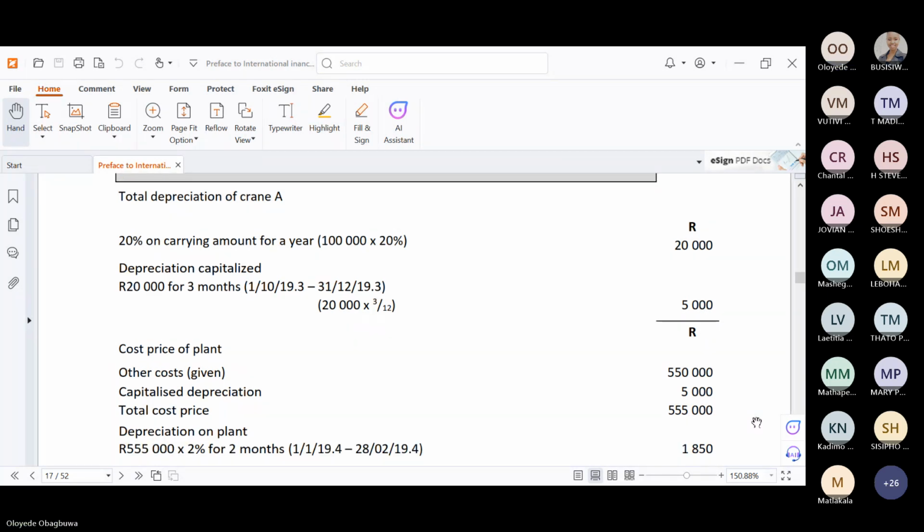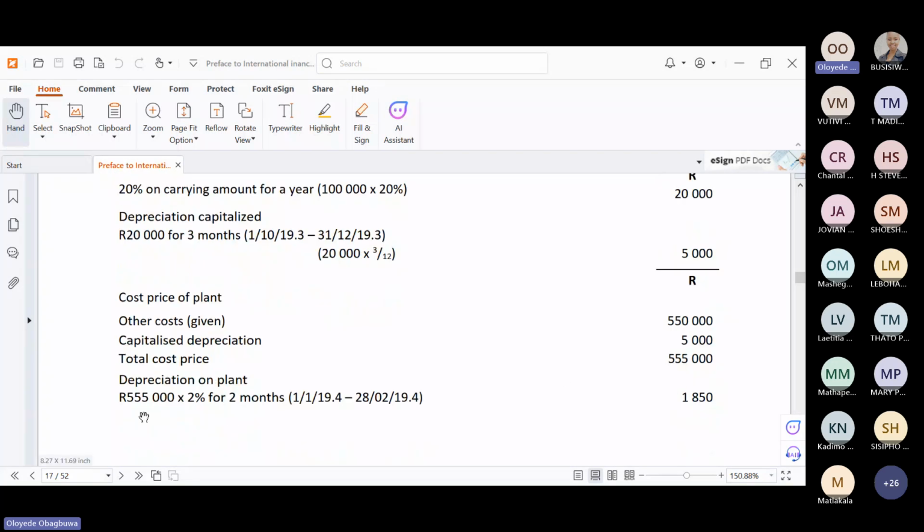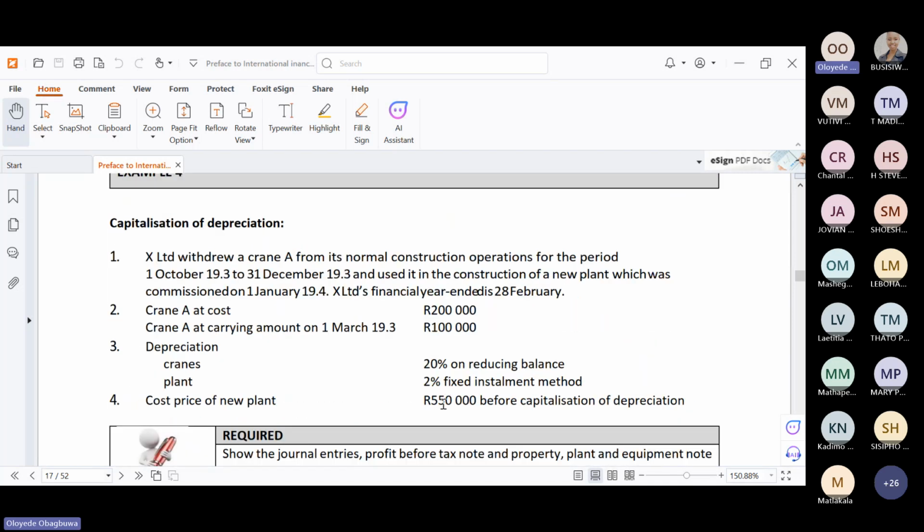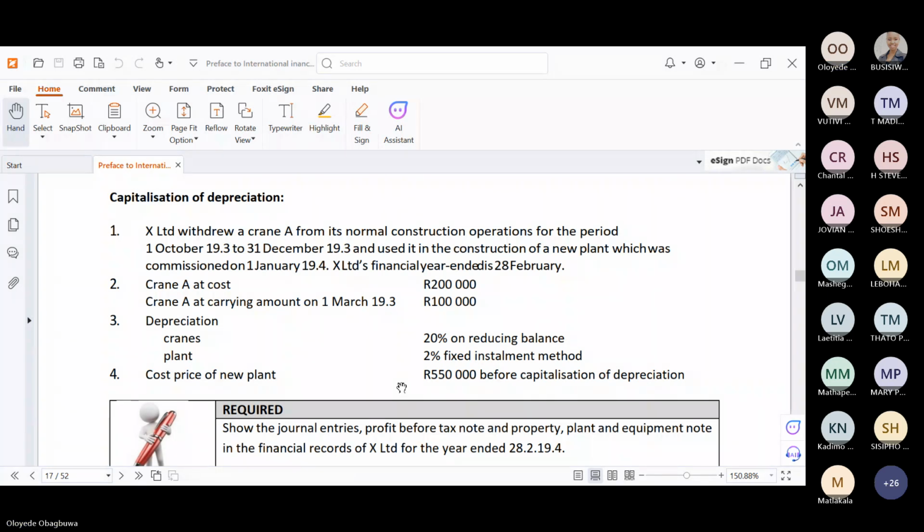555. Now you are depreciating the plant: 555 multiplied by 2% for 2 months.